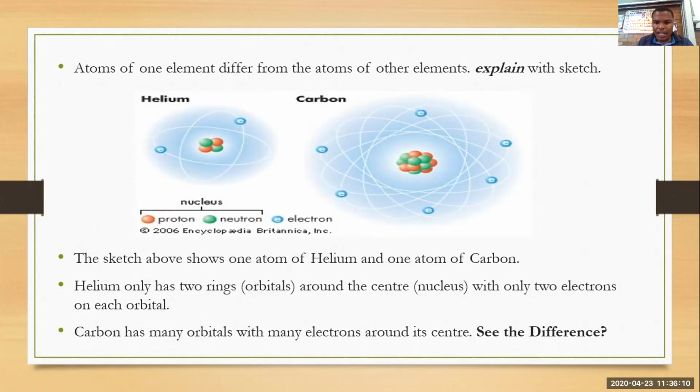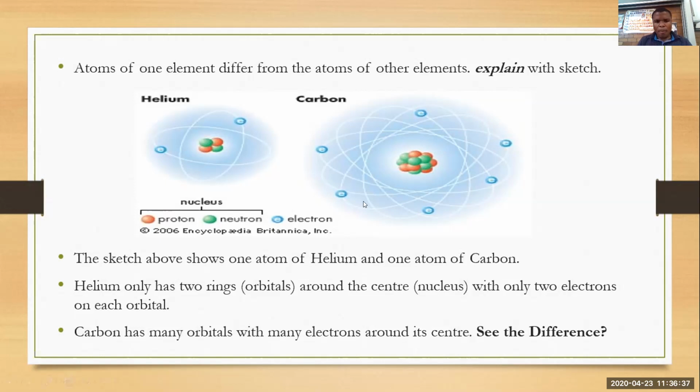The nucleus is surrounded by various orbitals, which we also call energy levels. And within each and every energy level, you find an electron. Those electrons move around the various energy levels, and the moving around of electrons on an energy level, we call an electron spin.